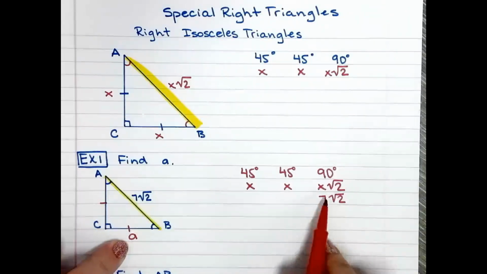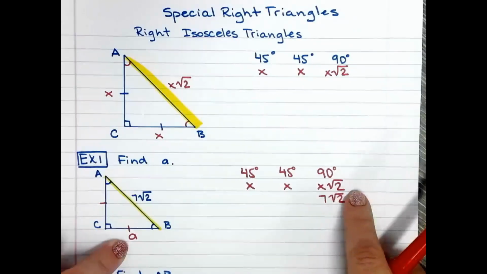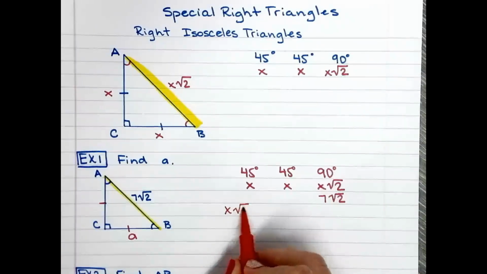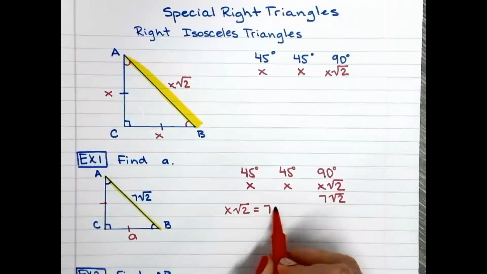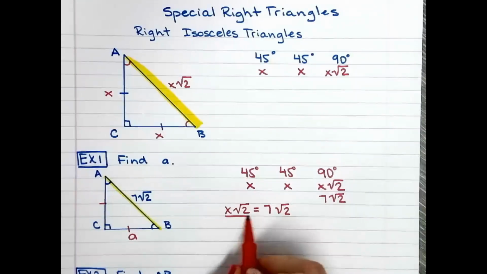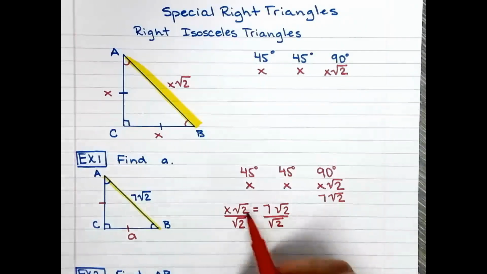All right, so if the hypotenuse across from 90 degrees is x square root of 2, and that x square root of 2 equals 7 square root of 2, we're going to solve for x. So you divide both sides by square root of 2. Square root of 2 divided by square root of 2 is 1.